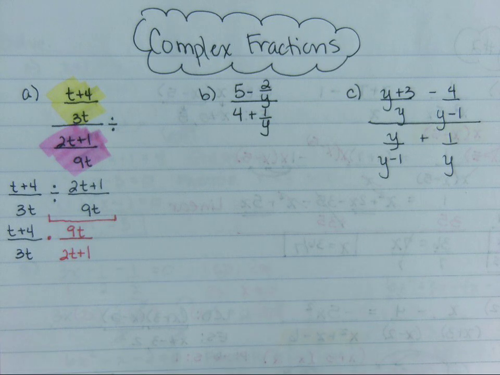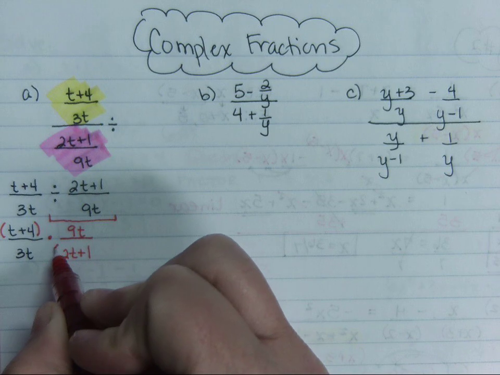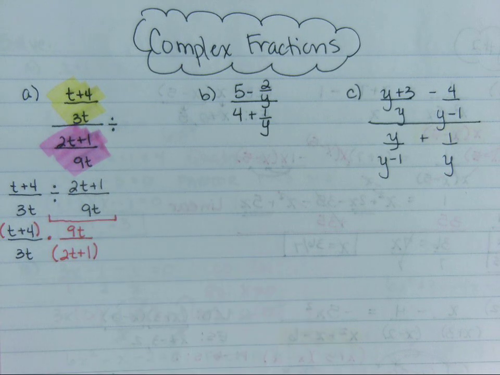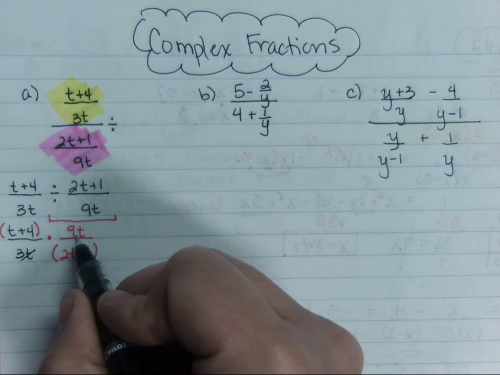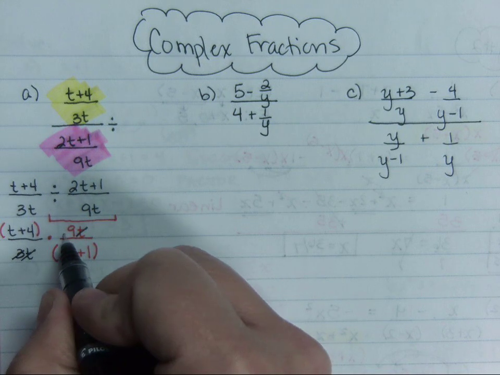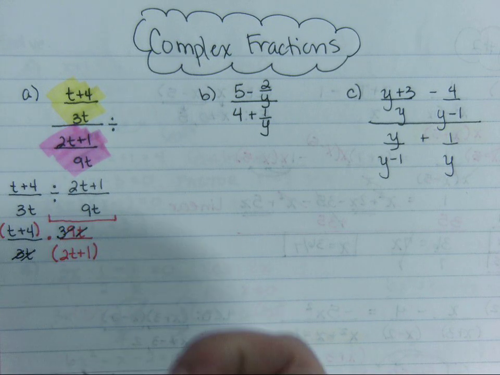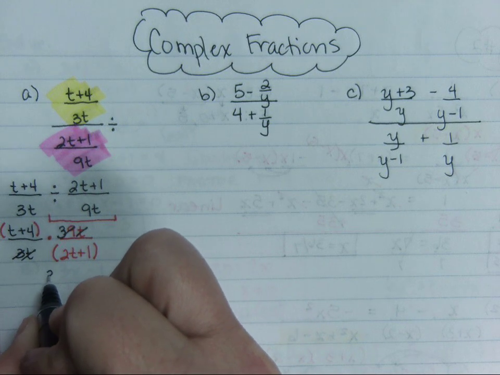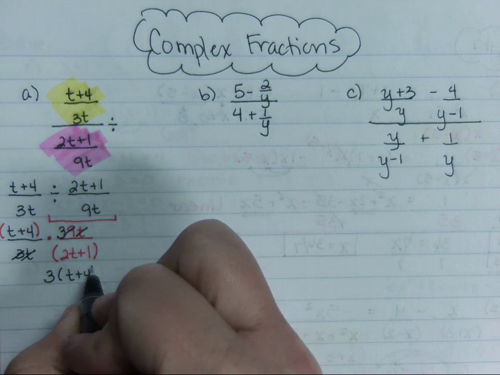And these are. So these are what we consider binomial factors, where they have nothing in common, but those terms are hooked together. I can, however, simplify down a t from both the numerator and the denominator, and a factor of 3 from both the numerator and the denominator. And when I write what I have left, I have a 3 in the numerator times the t plus 4.